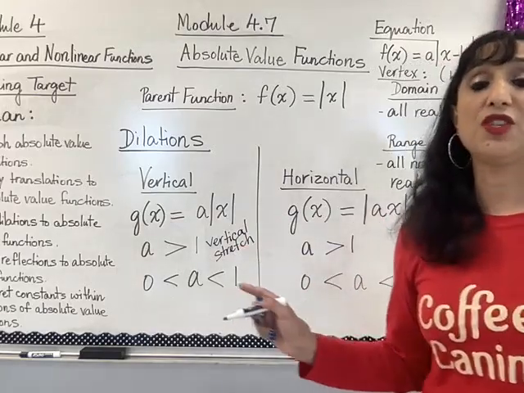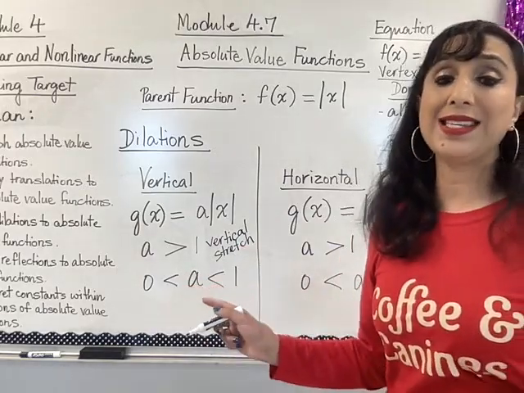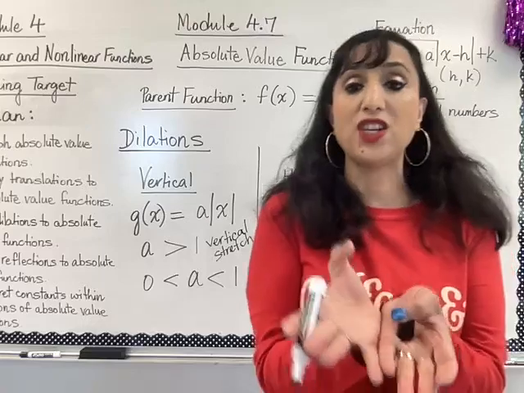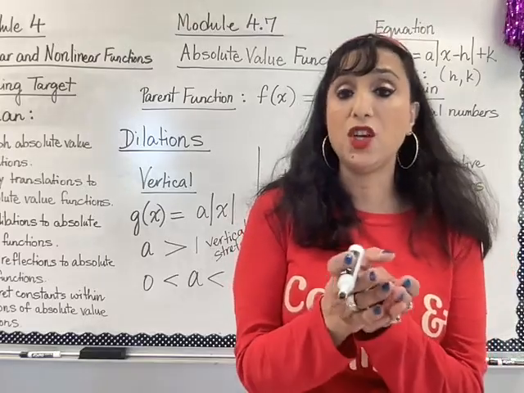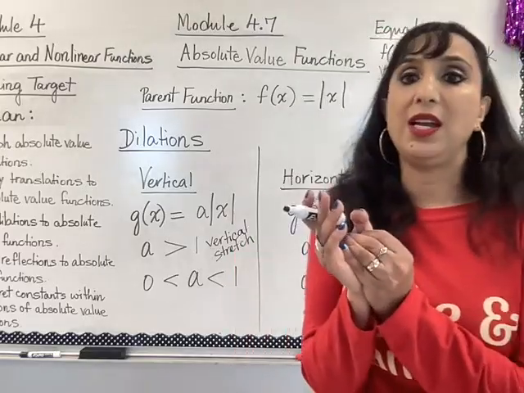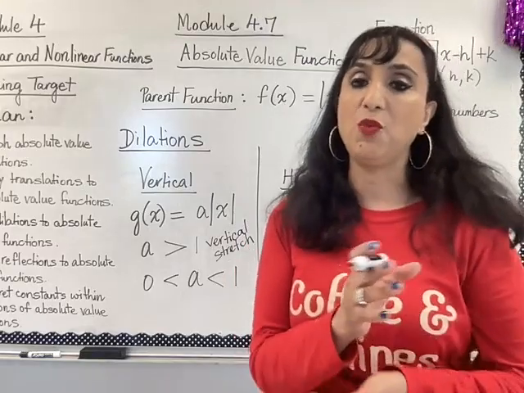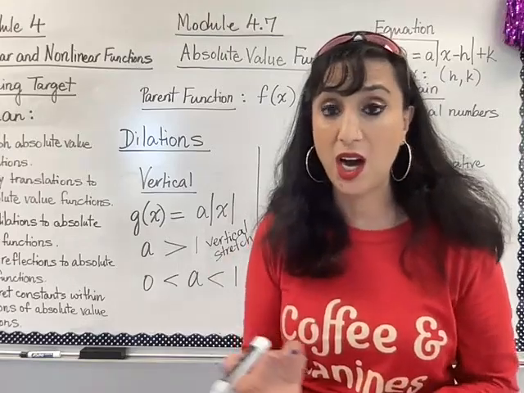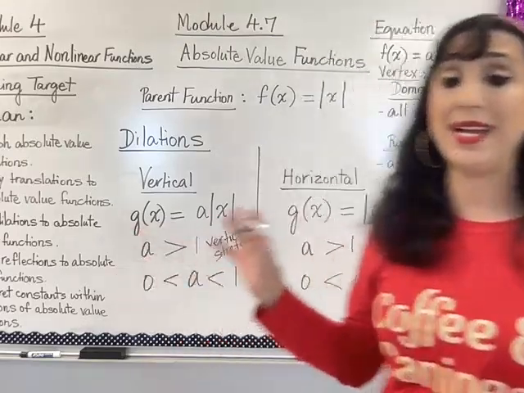Now, if 0 is less than a and a is less than 1, we are talking about a fractional part. Let's say that we have 1/2, or 1/4, or 3/4. These are all fractional parts which are greater than 0 but less than 1.